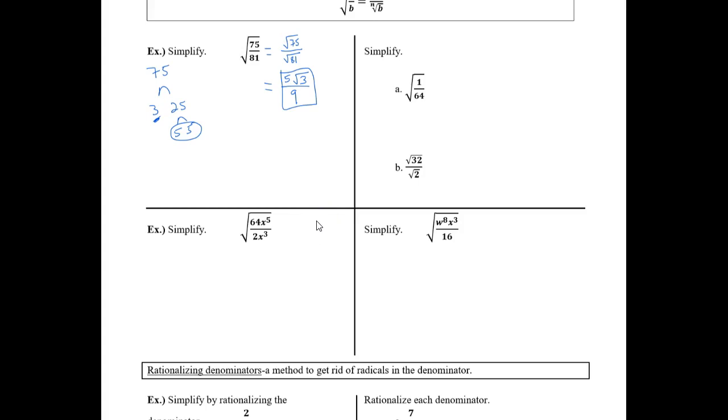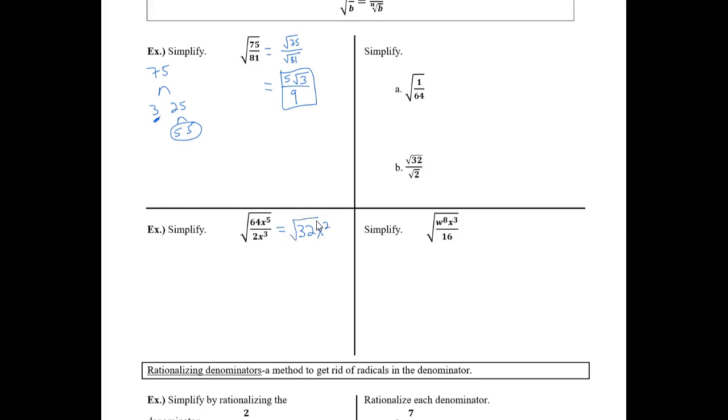If I didn't have that radical sign there at all, and I was just simplifying 64x to the 5th divided by 2x cubed, we would divide. 64 divided by 2 is 32. X to the 5th divided by x cubed, well, we subtract the exponents. 5 minus 3 is 2, so I get x squared.